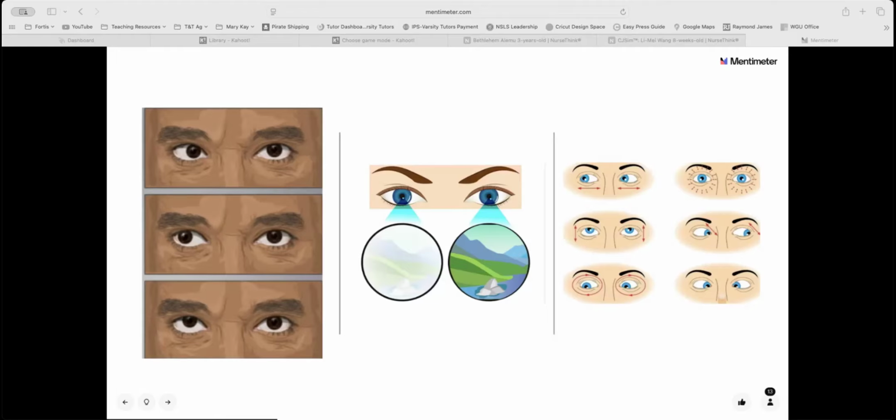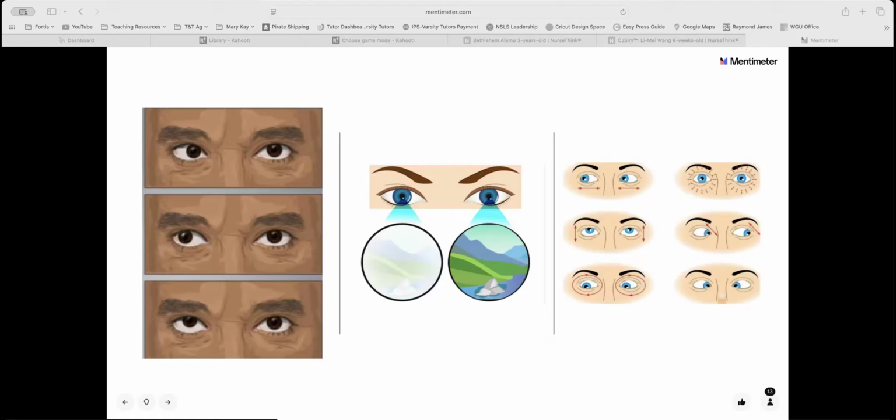This is amblyopia. Our brain is going to disable whichever eye is not providing that clear picture for us, so that we can see what we're trying to look at. That's why you see that one picture is kind of grayed out, your brain shutting off that eye. It's only using the eye that is able to see clearly.